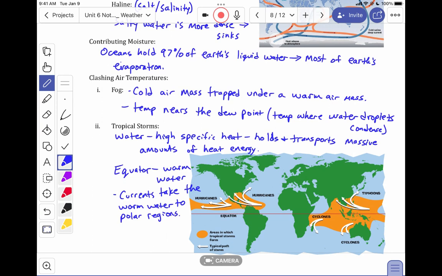As we're getting that warm, humid air from the warm, humid water that's moving, suddenly getting into colder places, it causes atmospheric instability.